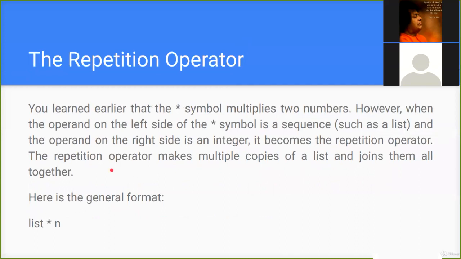Let's try to explore different operations that we can perform on a list, and then we will see how a list can be used. The first operation that we can perform upon a list is the repetition operator. We had seen that the symbol star is used to multiply two items in Python.